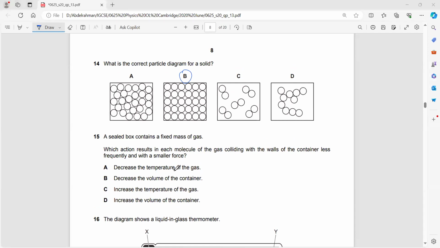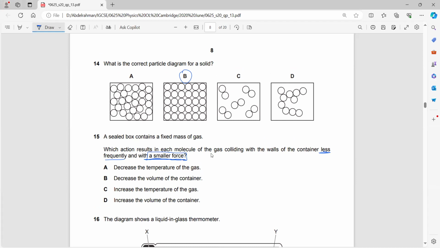Which action results in each molecule of the gas colliding with the walls less frequently and with a smaller force? Decreasing the temperature. That is correct.